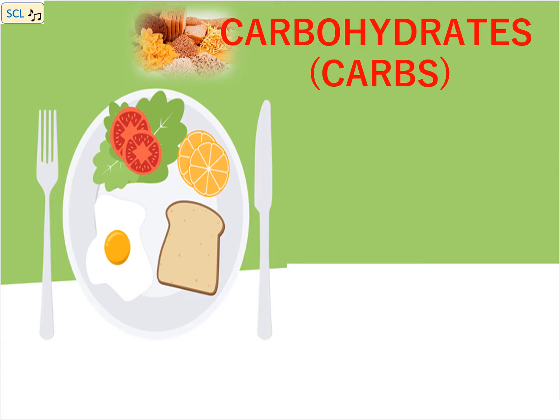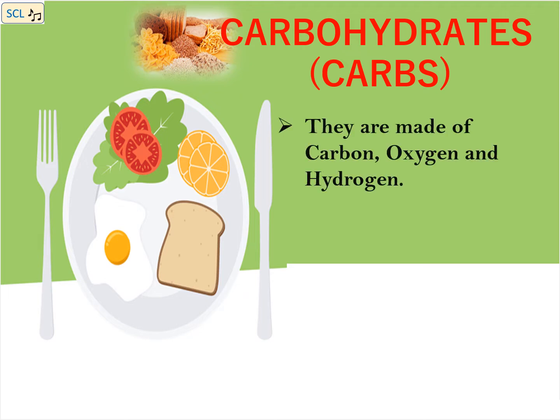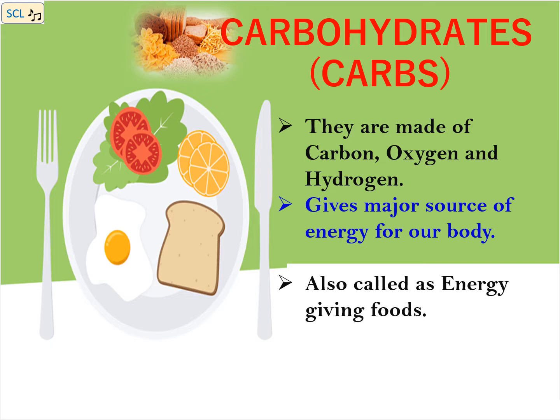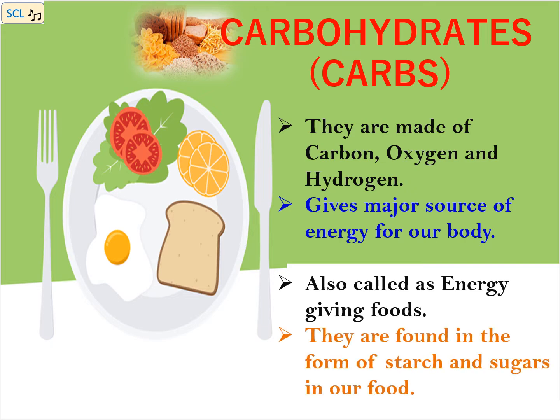First is carbohydrates. These are made up of carbon, oxygen and hydrogen. They are the major source of energy, so they are called as energy giving foods. They are found as starch and sugars in our food. Also, they can give us instant energy.